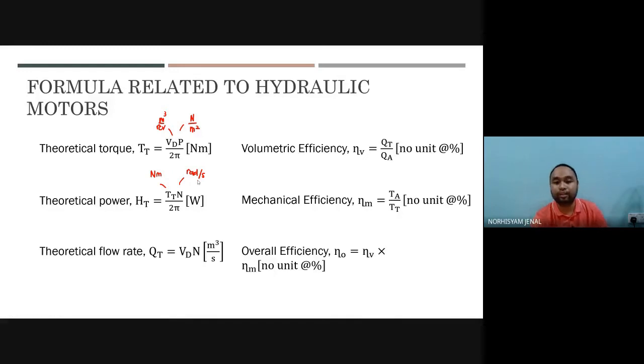All right. Volumetric efficiency, QT over QA. So remember, this is for motors. It is the other way around compared to pump. So for motors, it is QT divided by QA. For pump, it is QA divided by QT. So do not mistake this. This is very important.